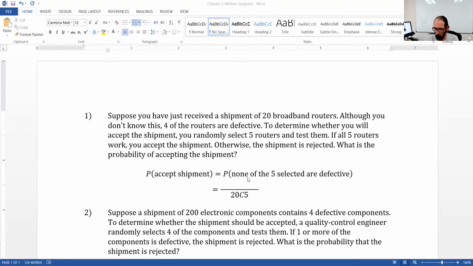Again, the total shipment has 20, but 4 of them are defective. That's going to leave us 16 that work. So we need to calculate 16C5 over 20C5. I'm going to show you how to do that both on a calculator, but first, doing this by hand.